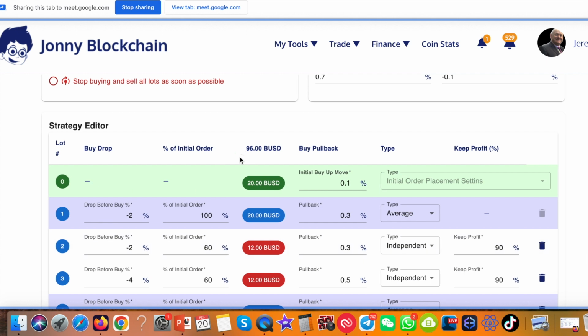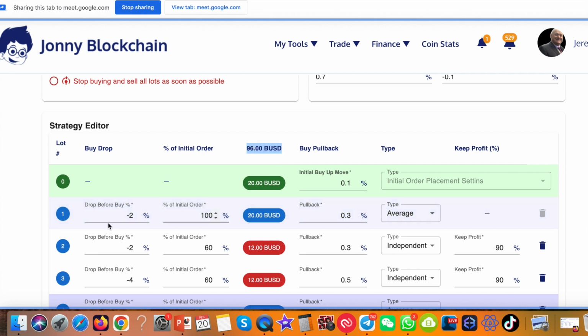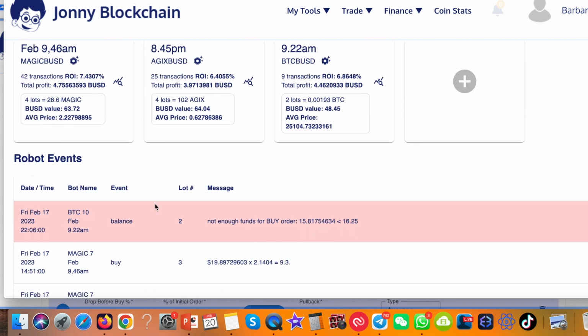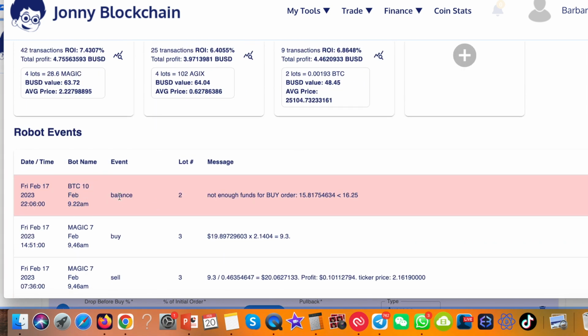Now, before, that lot 0 wasn't calculated in this number here. So it was misleading, because this number used to count from 1 down to whatever amount of lots you've got. I had a bot over here, in Barbara's account, and this happened. It couldn't buy because there wasn't enough balance.